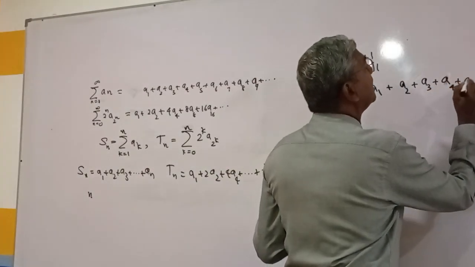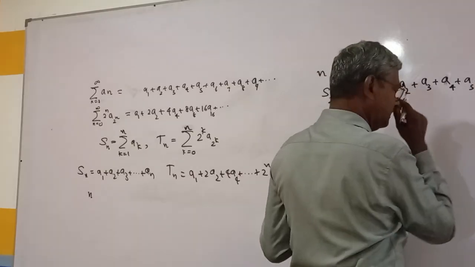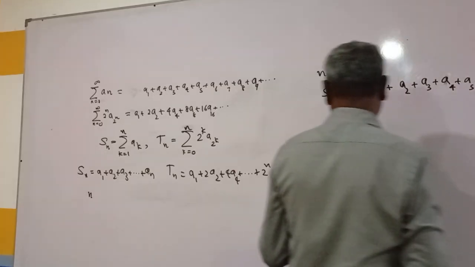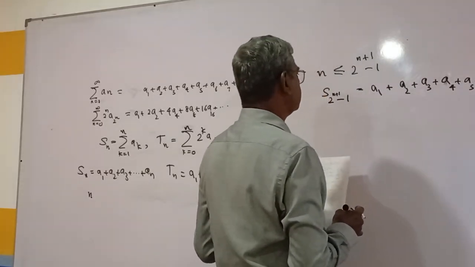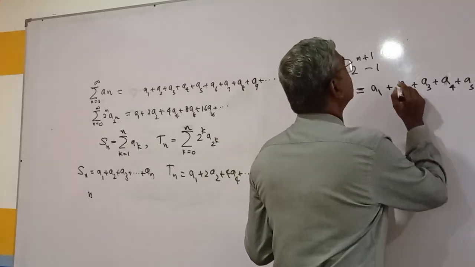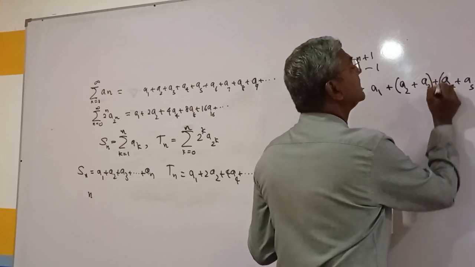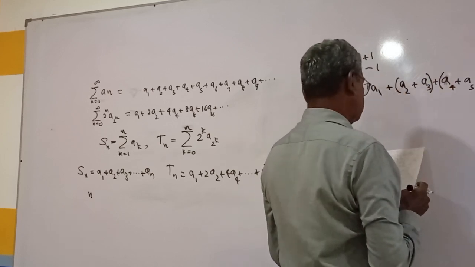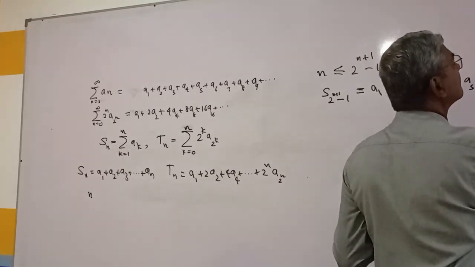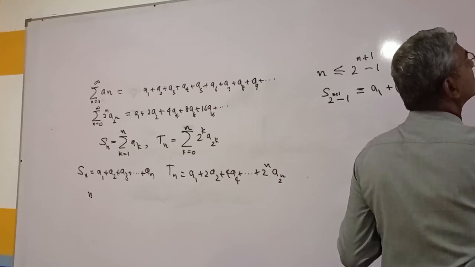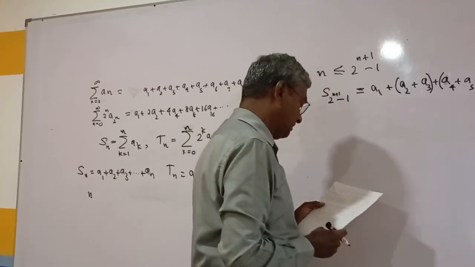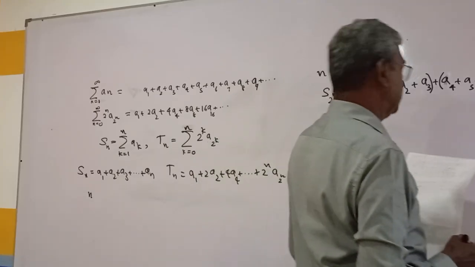A4, A5, A6, A7, A8, then what I do is here, I group them like this. Then the last one will be what?